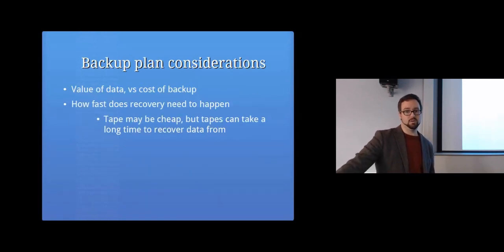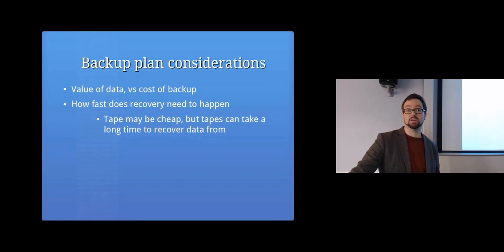We need to think about the value of the data versus the cost of having all this in place. If we're going to have to buy a whole bunch of hard drives and somewhere to store the information, or pay someone else to store it for us, what is the value of what we're storing? For example, if we've got a bunch of Windows or Linux systems, what are we backing up?